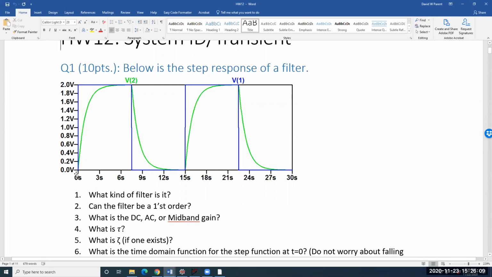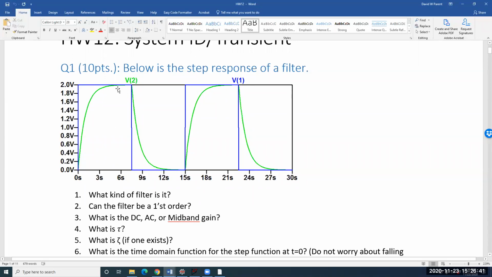So I have a square wave, and it's starting at 0 and ending at 2. The input is going from 0 to 2. So it's not a unit step response. It's 2 times the step response. And the output is matching, going right up to 2 as well, right?